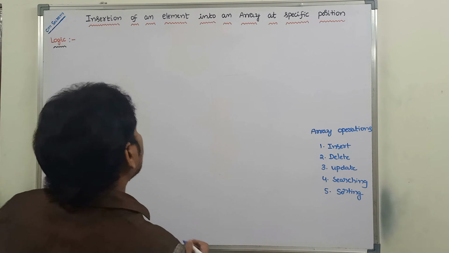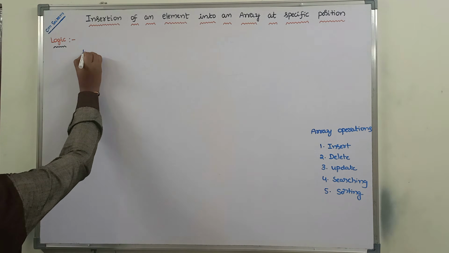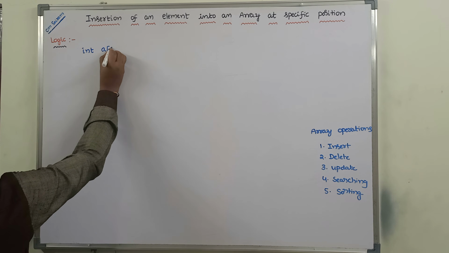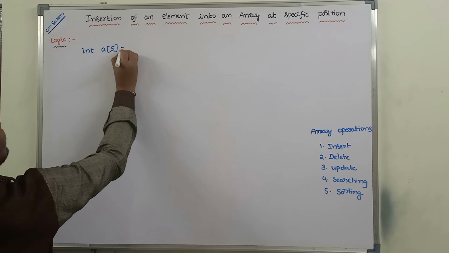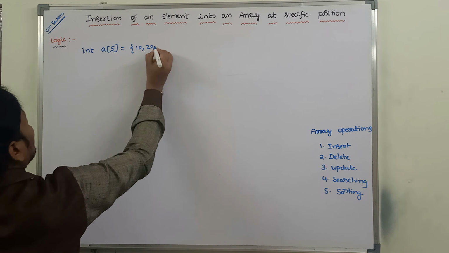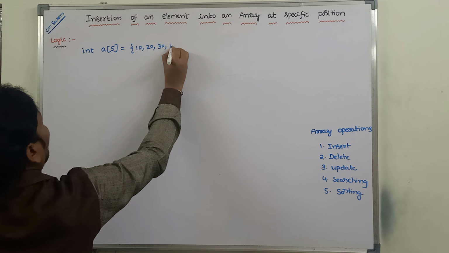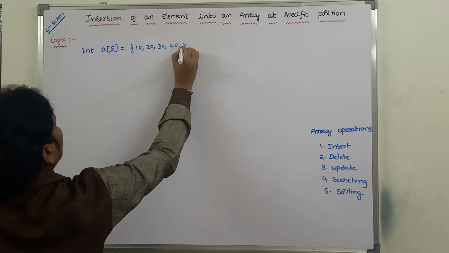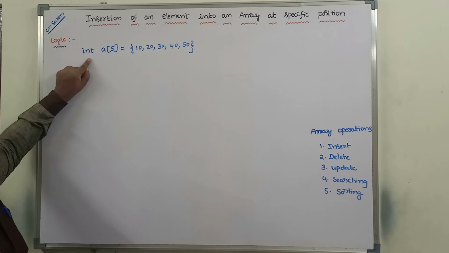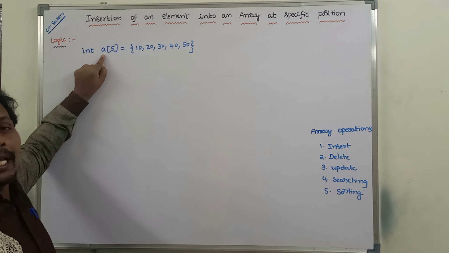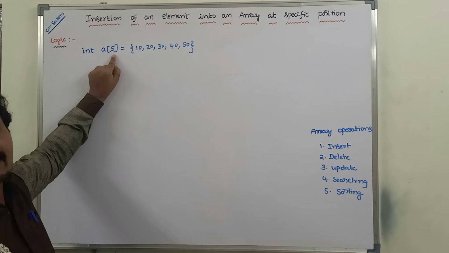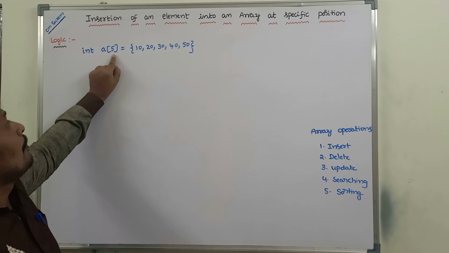For example, I am taking int a[5] = {10, 20, 30, 40, 50}. So here int is the data type, a is the array name, and 5 is the size of the array.